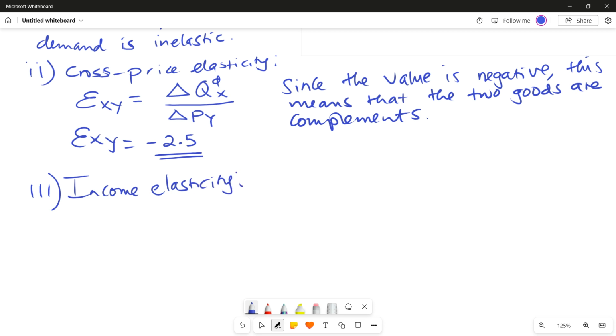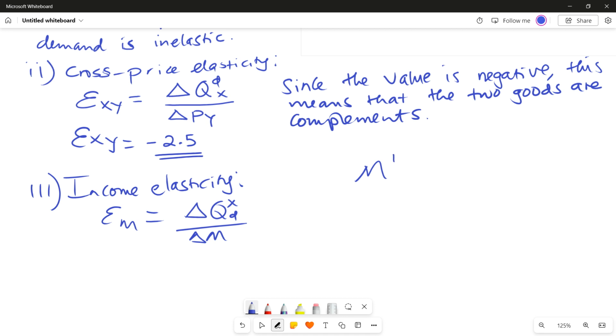We know that income elasticity is equal to the change in quantity demanded of X as a result of a change in income. The term we are differentiating is just this M. We know that this M is raised to power 1.